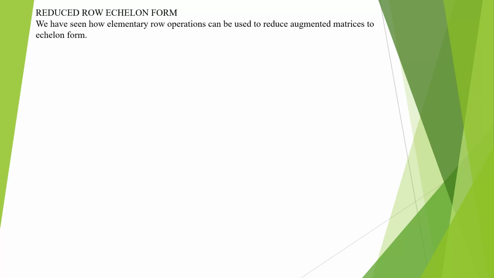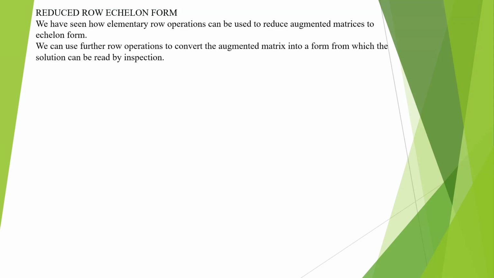Reduced row echelon form. We have seen how elementary row operations can be used to reduce a matrix to echelon form. We can use further row operations to convert an echelon matrix into a form from which the solution can be read by inspection.